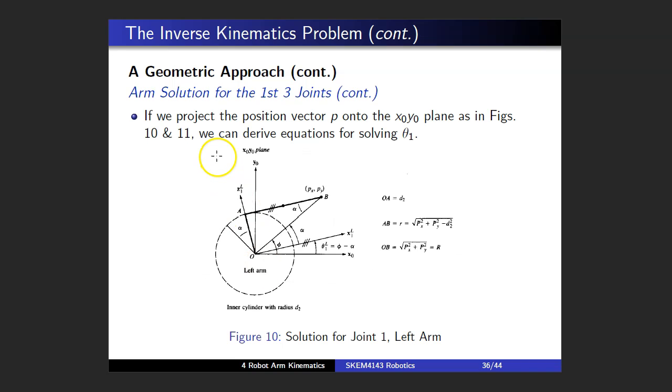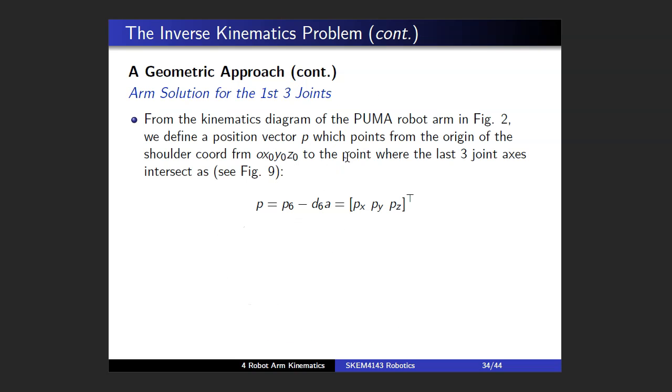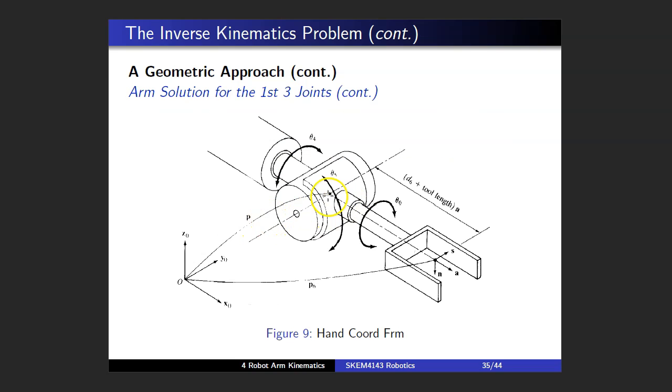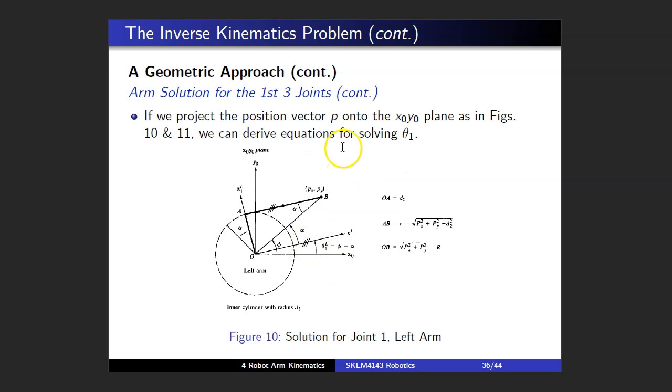If we project the position vector P, which we have just defined, onto the x0, y0 plane, which is part of our base coordinate frame, coordinate frame 0, we will have this figure. We can see OA.